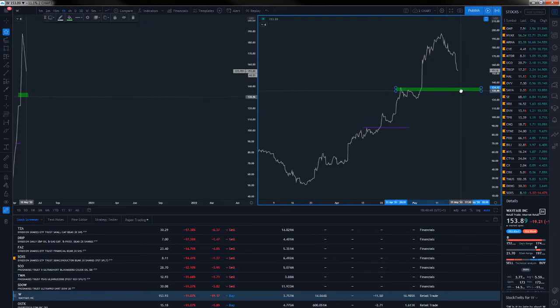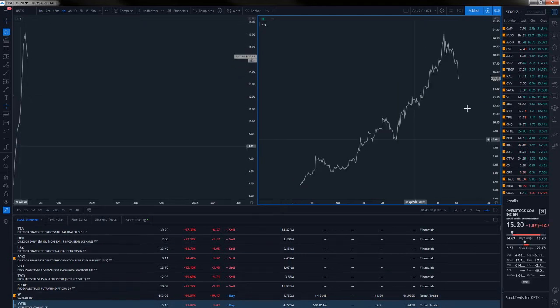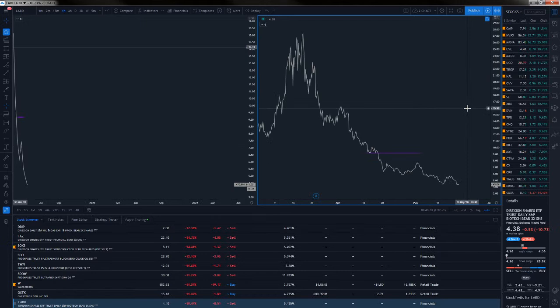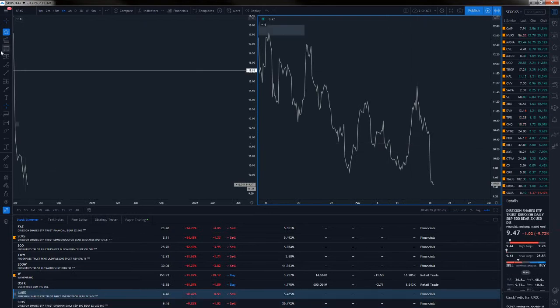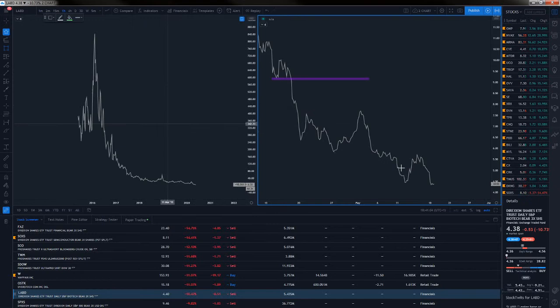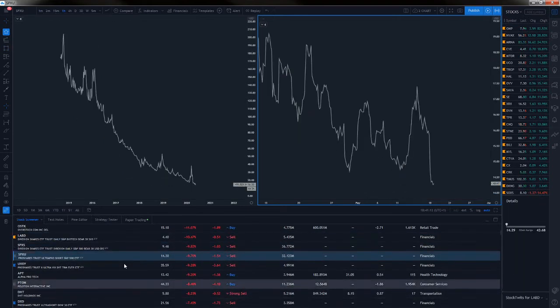Seems like they had quite a good push here on internet sales, but actually just correcting a bit. Another ETF. A lot of ETFs here, as you can see.